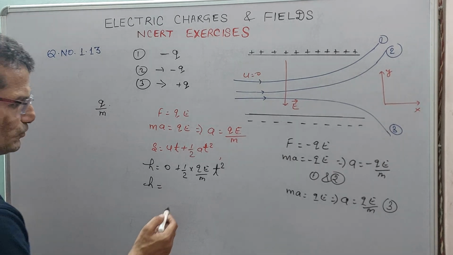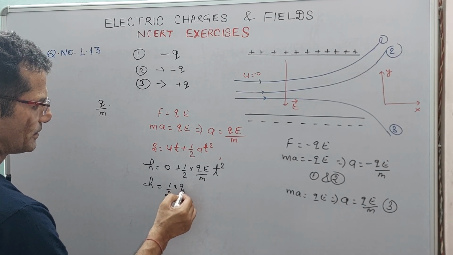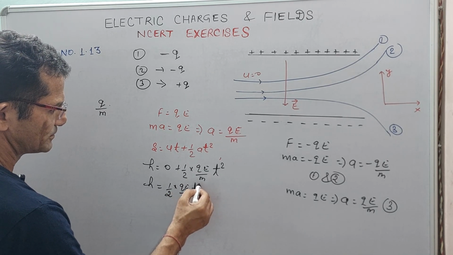the deflection of particles 1, 2 and 3, half QE upon m into t square.